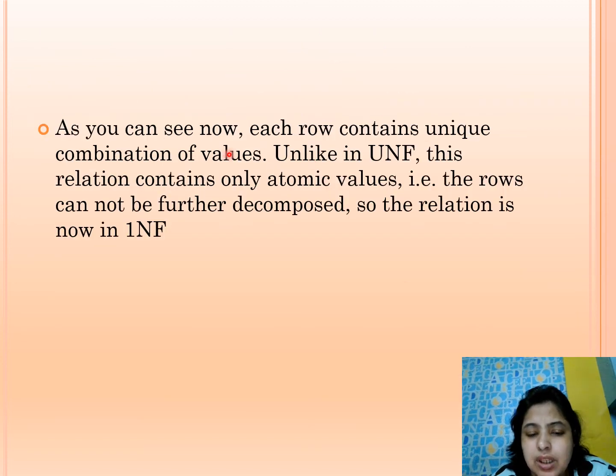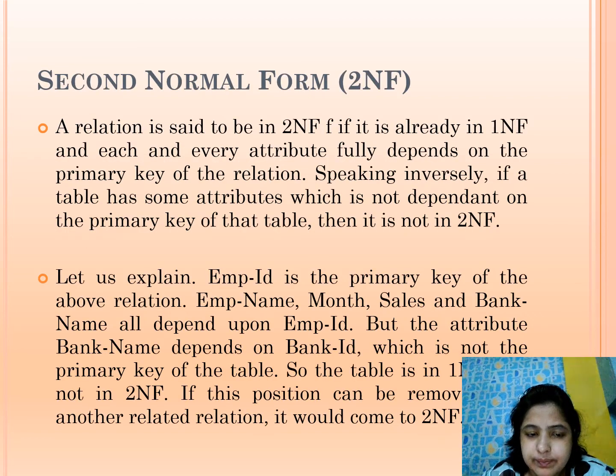Right, as you now see, each row contains a unique combination of values. Unlike in unnormalized form, this relation contains only atomic values, that is, the row cannot be further decomposed, so the relation is now in first normal form.